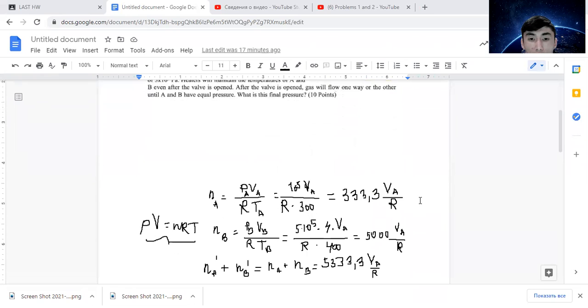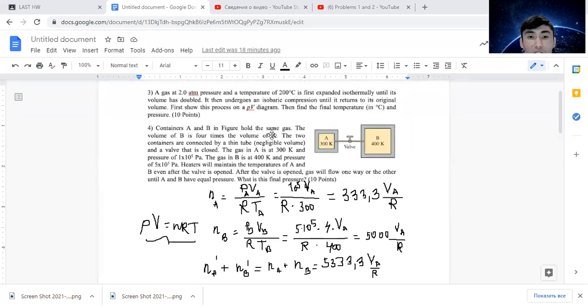So this is the number of moles after the valve is opened, right? So what do we do? The next is pressure. Pressure will be equal in A and B, because here it is written that after the valve is opened, gas will flow one way or the other until A and B have equal pressure.